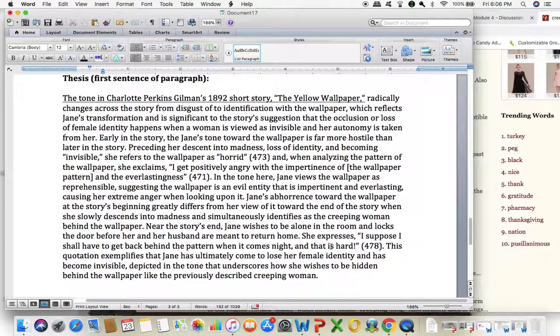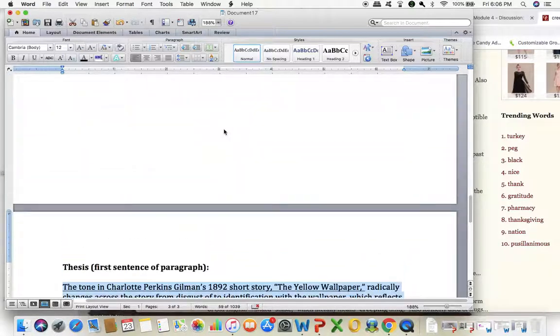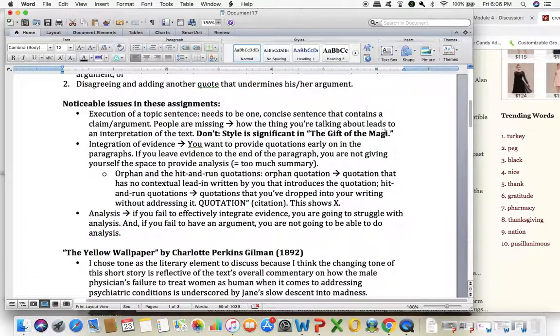It was an example of how you want to approach the really important first sentence, and making sure to get people really thinking about this idea of how the literary element, or whatever it is you're talking about, is suggestive of a larger interpretation of the text. That's the most important thing.